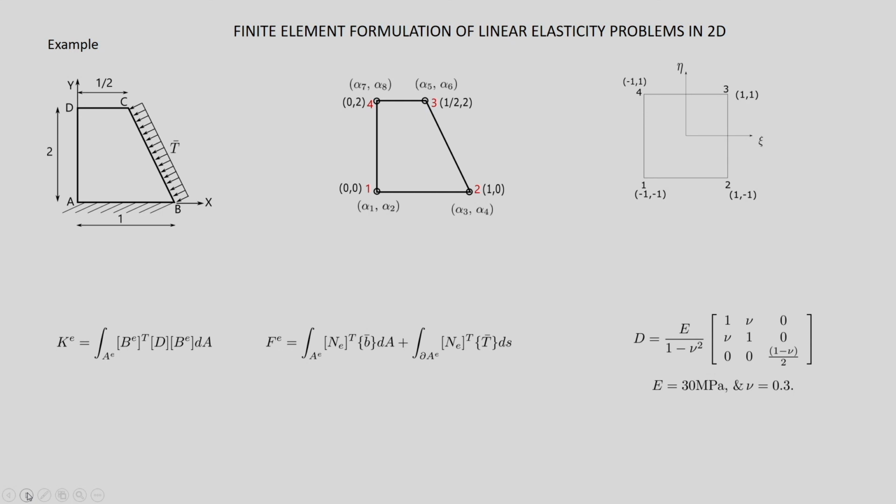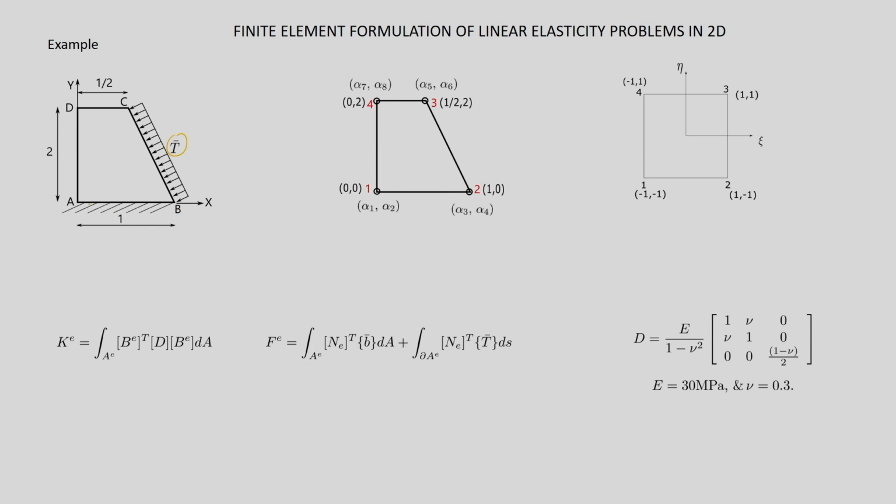So, let us discuss the problem in hand. ABCD is basically a trapezium, which has unit thickness in the z direction, and is subjected to the traction force T along the edge BC and is completely constrained along AB.